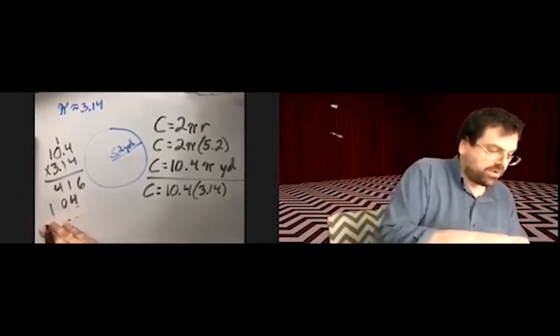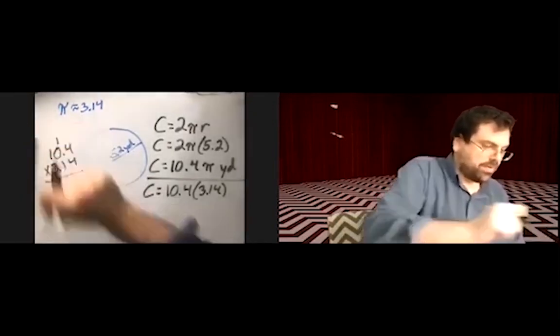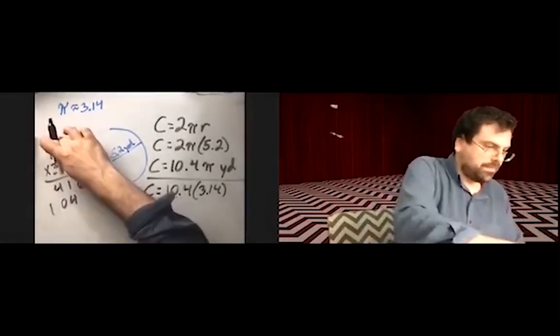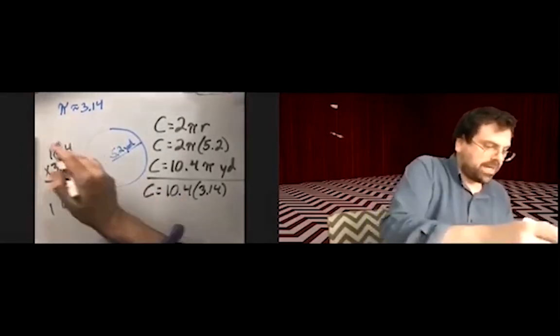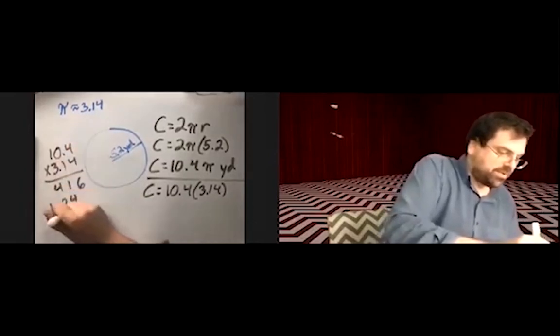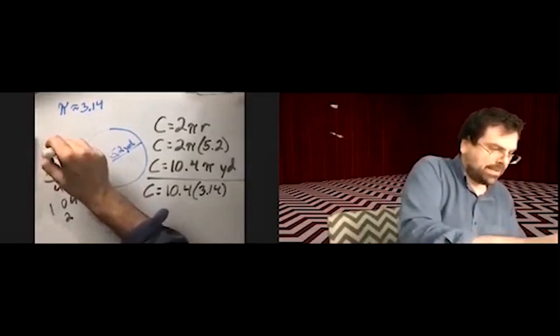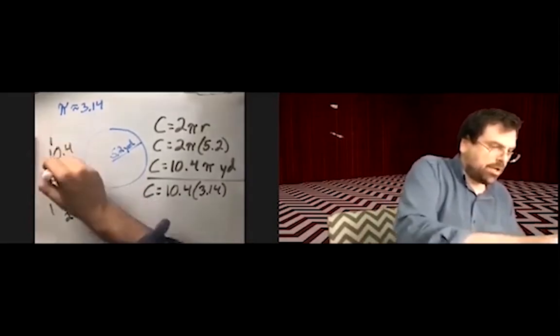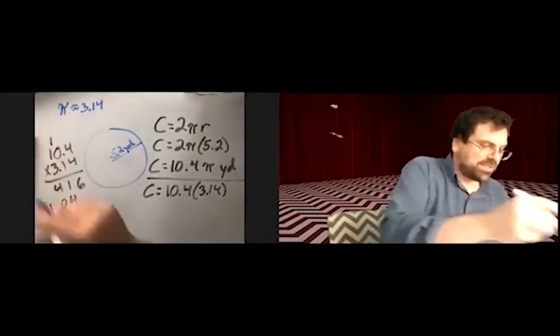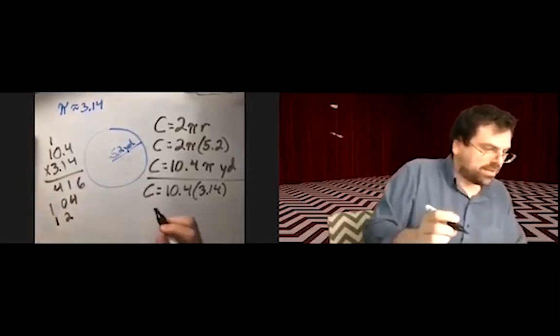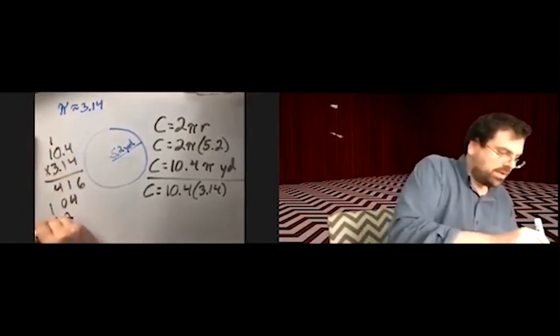I forgot to move over. 3 times everything. 3 times 4 is 12. Carry the 1. 3 times 0 is 0. Plus 1 is 1. 3 times 1 is 3.